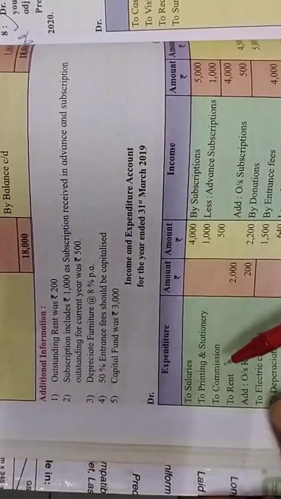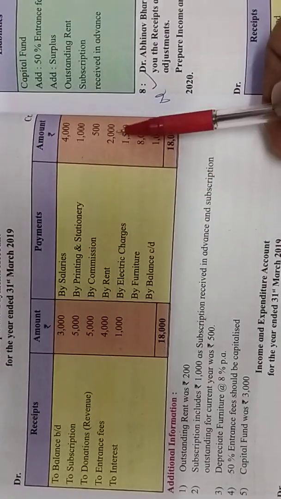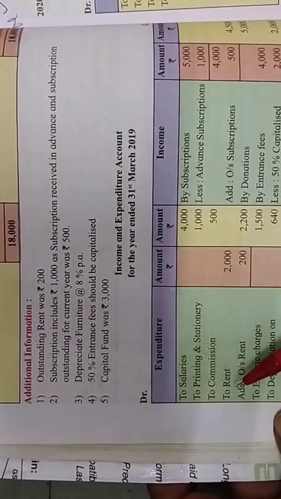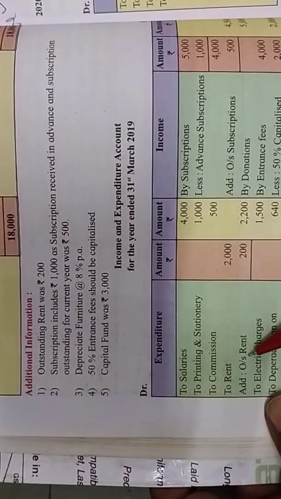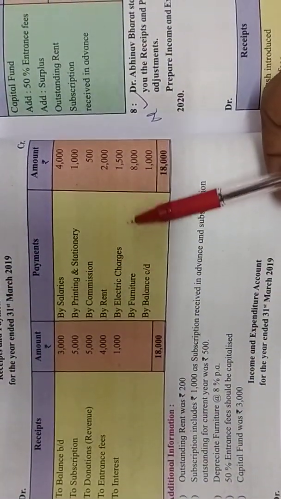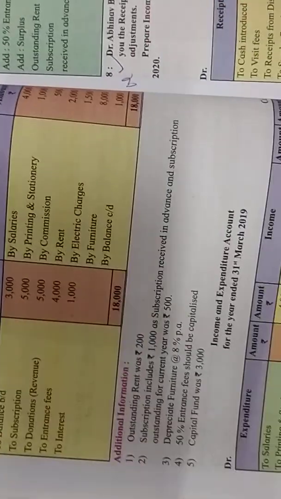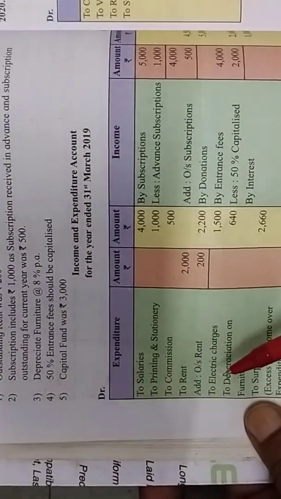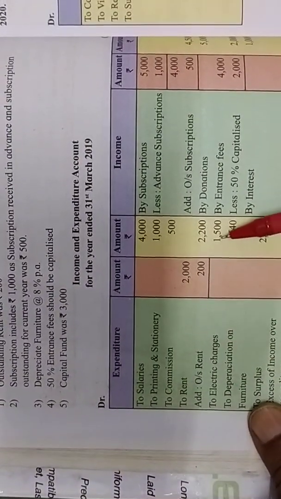By commission 500: expenditure, to commission 500. By rent 2,000: expenditure, to rent 2,000. There is an adjustment on rent. By electric charges 1,500: expenditure, to electric charges 1,500.